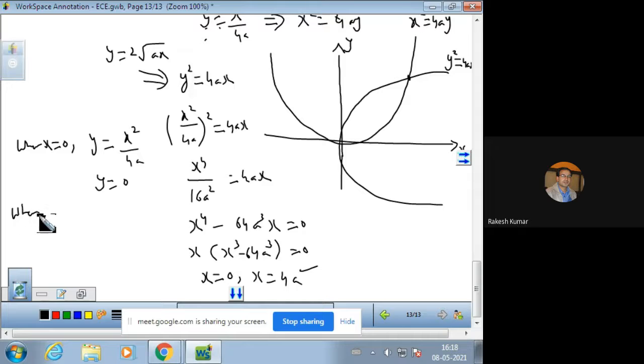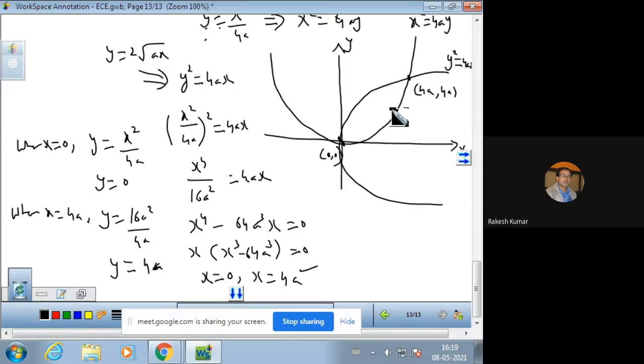And when x equal to 4a, this curve gives 16a square over 4a, that is 4a. So the point is (4a, 4a), and this point is the origin, that is (0, 0).